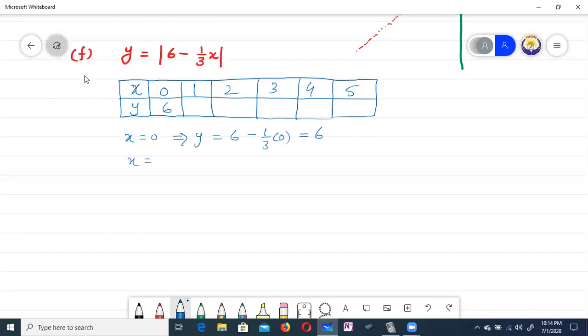When x is equal to 1, this implies that y will be equal to 6 minus 1 by 3 into x is 1. Then here we have to take the LCM. 6 3s are 18 minus 1, 17 divided by 3. 17 divided by 3, 5 3s are 15 and 5.6.